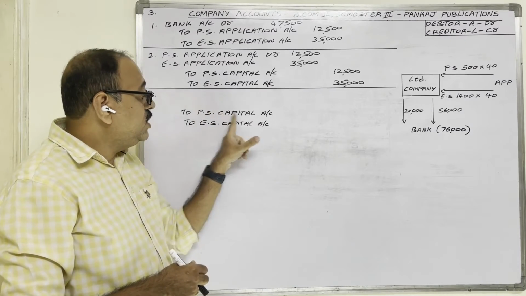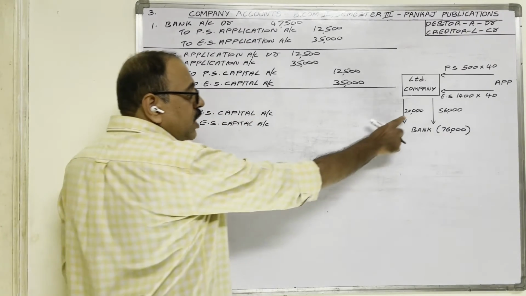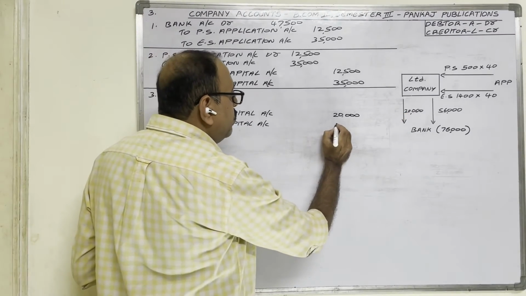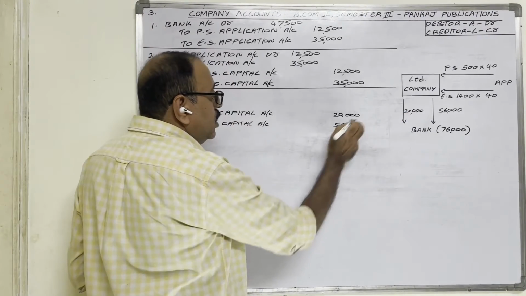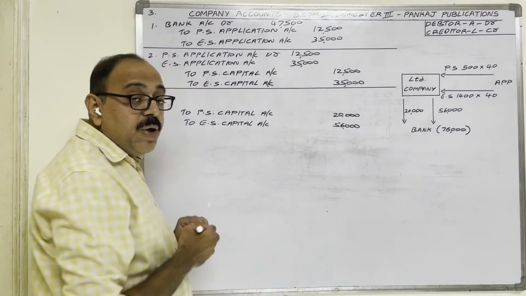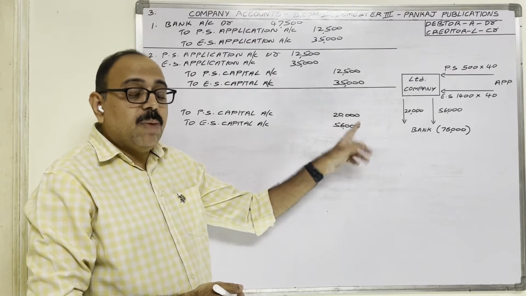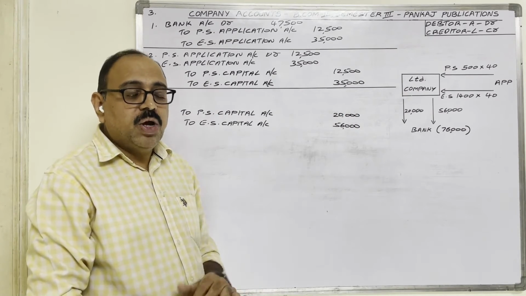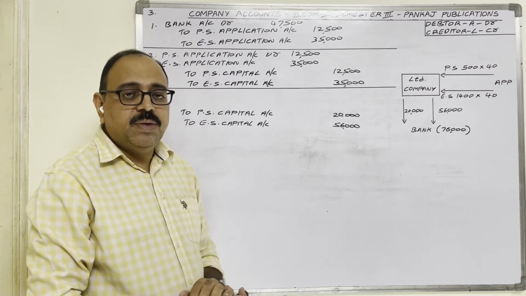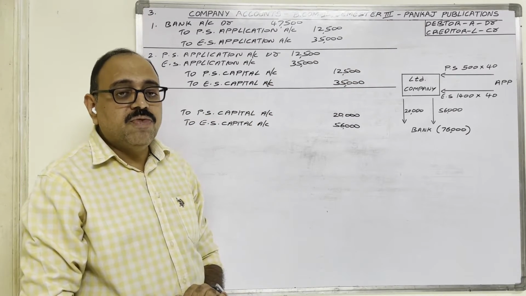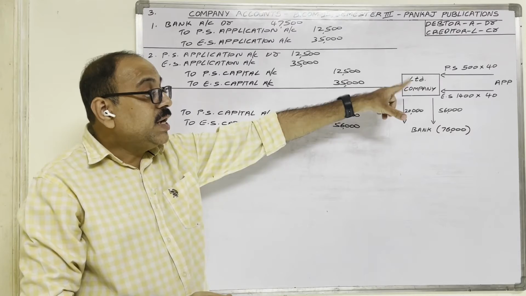Therefore, preference share capital account amount is 20,000 rupees. Equity share capital amount is 56,000 rupees. These two amounts the company has to receive from applicants. So for these two amounts, applicants are debtors because they have to pay these amounts to the company. A debtor is an asset, and an asset shows a debit balance. Therefore, we have to debit the applicants' accounts.